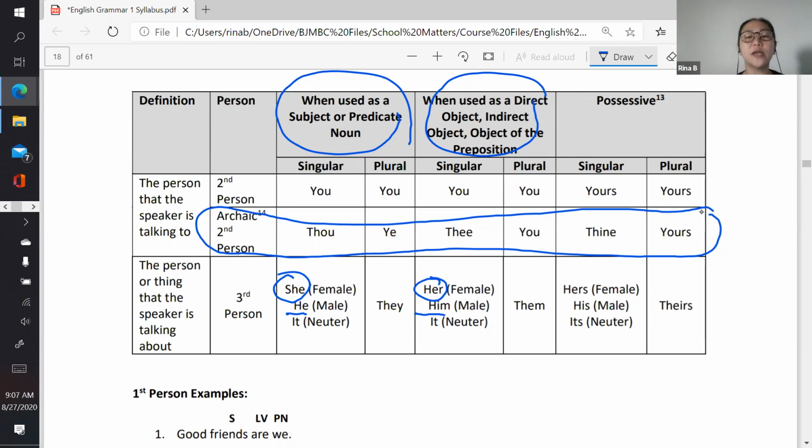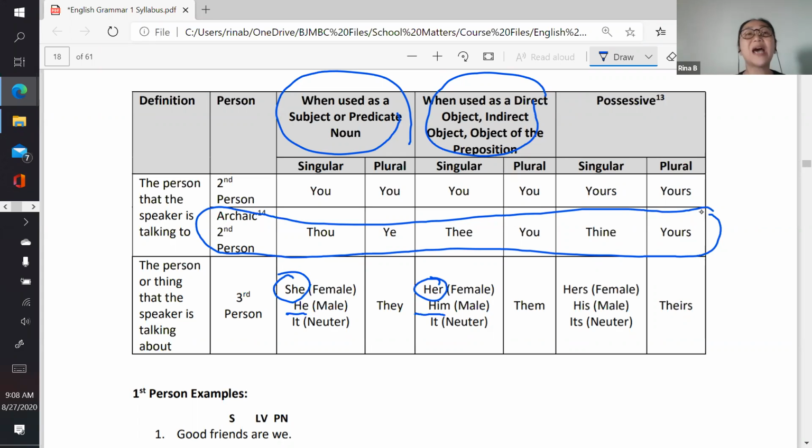In the English version, you don't have to worry about subjective or objective. You always just say you. This is for you. You are here. Subject, object of the preposition. But for the archaic version, you do have different forms of the pronoun you if the pronoun is subjective or objective. So just take note of that.